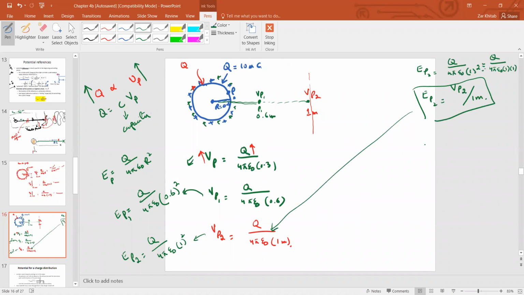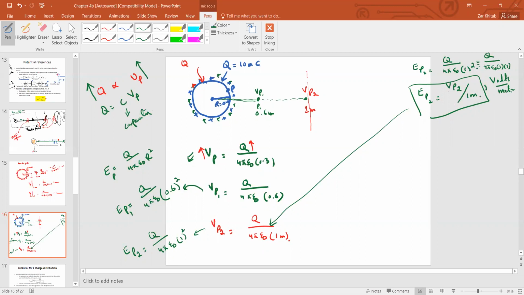I'm trying to build a new definition. VP2 divided by 1 meter is volt per meter. What's the unit of this? Volts per meter. Okay, now this is a concept called electric breakdown.